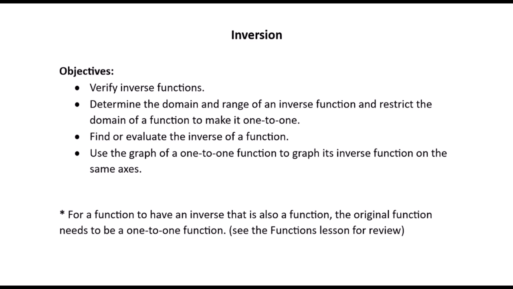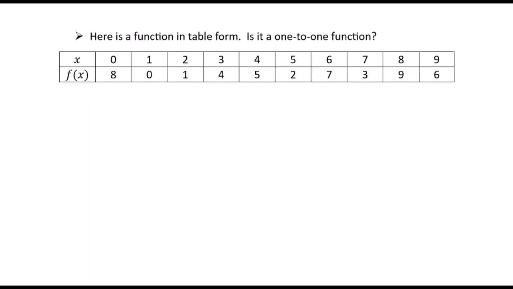For a function to have an inverse that is also a function, the original function needs to be a one-to-one function. If you need, you can see the functions lesson for a full review. As just a quick review of this concept, we have here a function in table form.